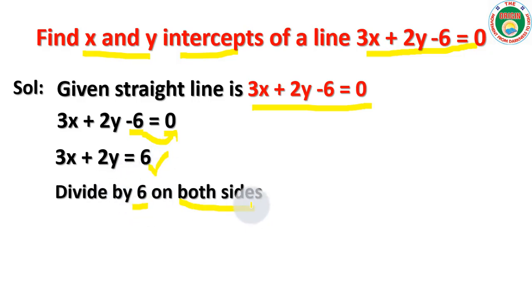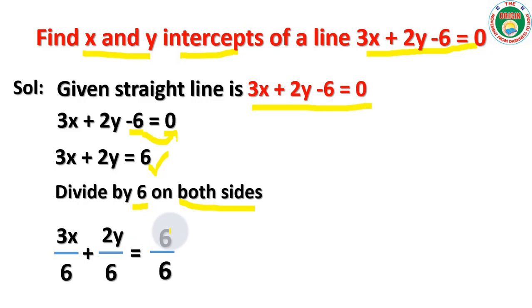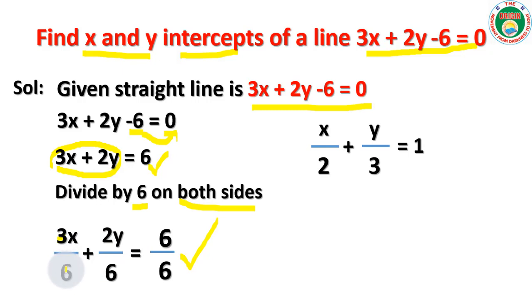Divide by 6 on both sides, the same steps as previously. 3x plus 2y on the LHS and 6 on the RHS. I divided by 6 here. 3x by 6 plus 2y by 6 equal to 6 by 6. Next, 3 ones and 3 twos get cancelled, and 2 ones and 2 threes get cancelled. The result is x by 2 plus y by 3 equal to 6 by 6, which is 1.